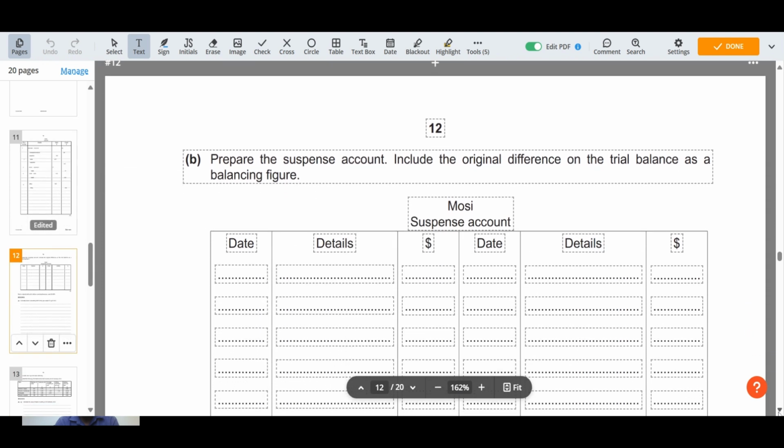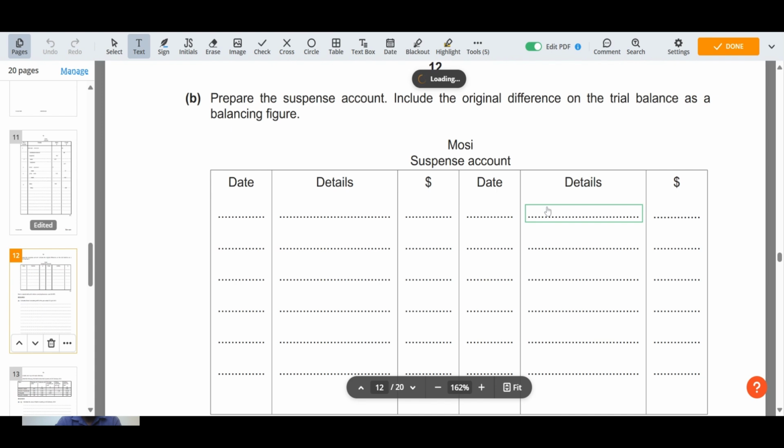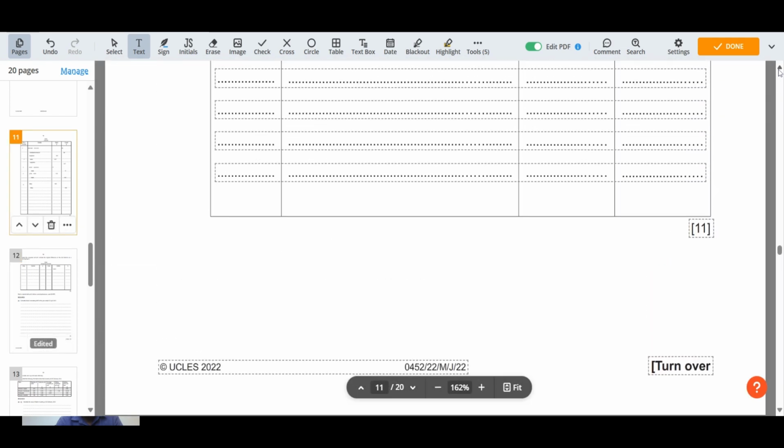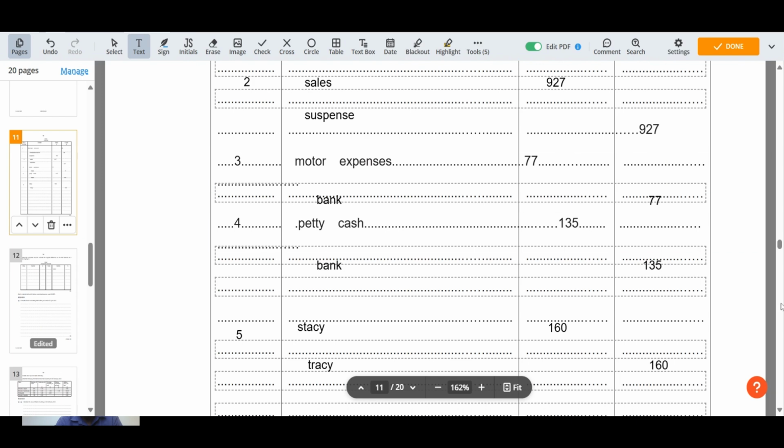So on the credit side, I think you saw we actually have sales on our credit side. So we're going to put our sales there. So we actually have sales on the credit side, and the sales are basically how much? Our sales, if we check here, they are 927. They are on the credit side.